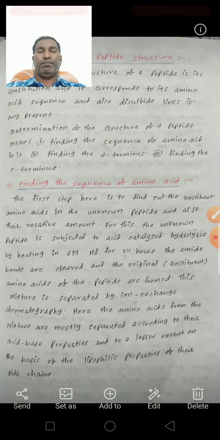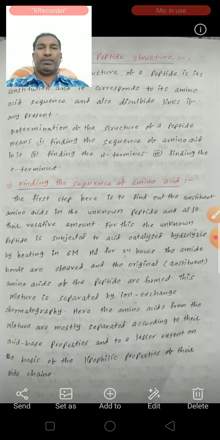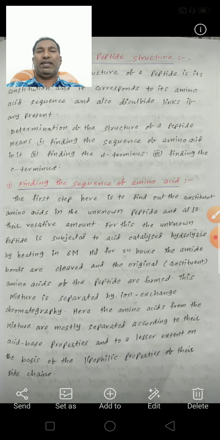The primary structure of a peptide is its constitution, and it corresponds to its amino acid sequence and also disulfide links, if any are present.